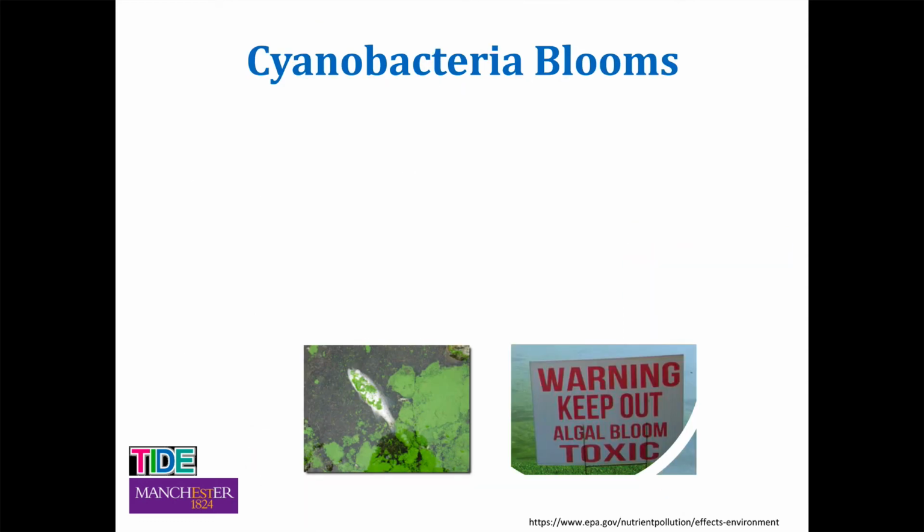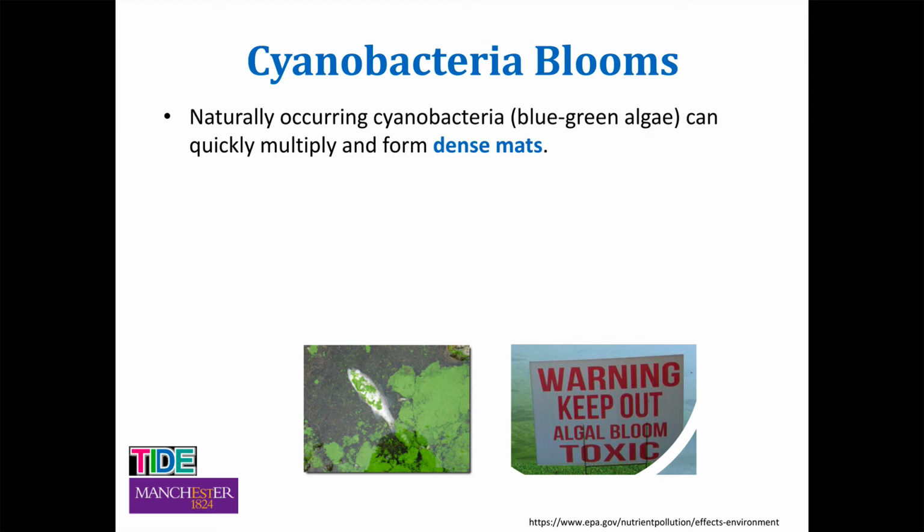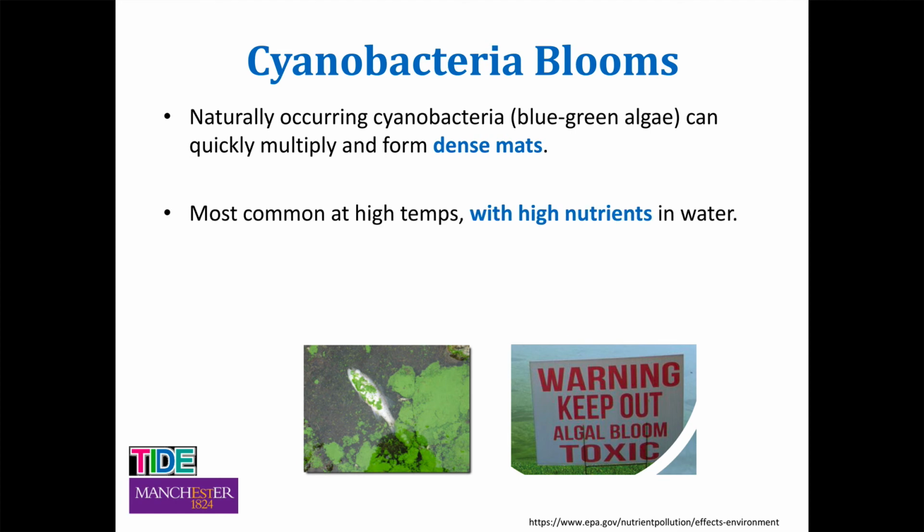And one thing to look out for when you're doing your lake sampling is cyanobacterial blooms. There are naturally occurring cyanobacteria, or blue-green algae, and they can quickly multiply and form dense mats, just covering the whole surface of your lake. They most commonly occur at high temperatures and with high nutrients in the water.